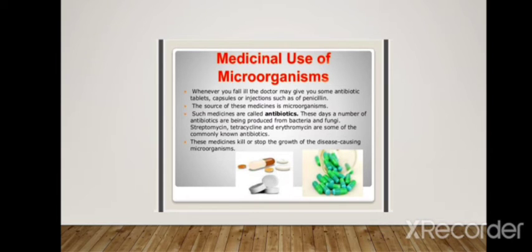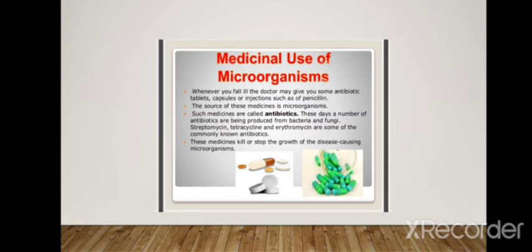Now let's see the medicinal uses of microorganisms. Students, when you fall ill, the doctor may give you some antibiotic tablets or injections, isn't it? The source of these medicines are microorganisms, and such medicines are called antibiotics.